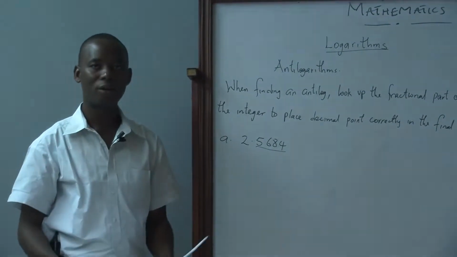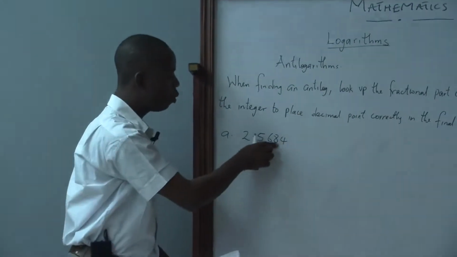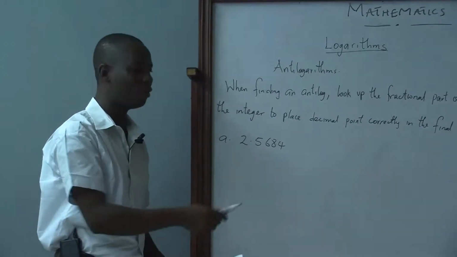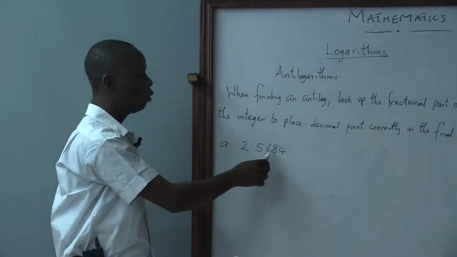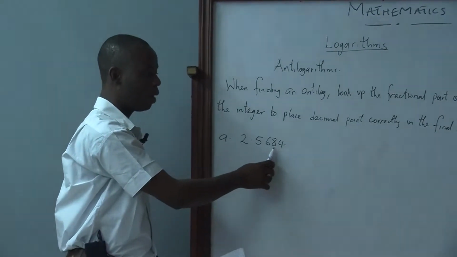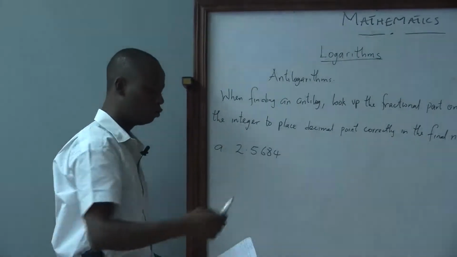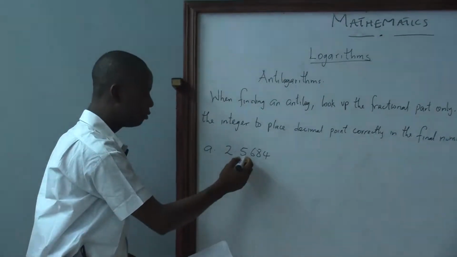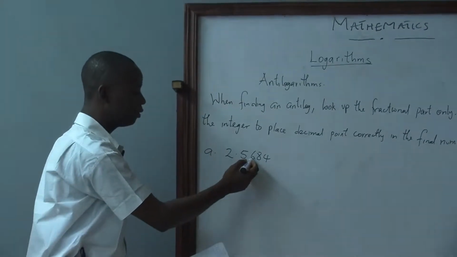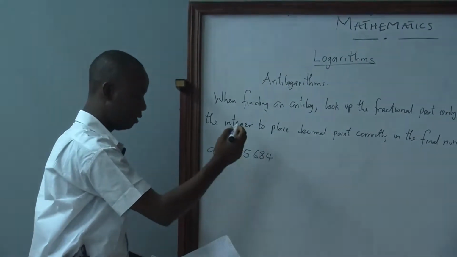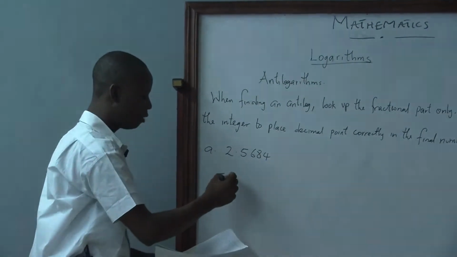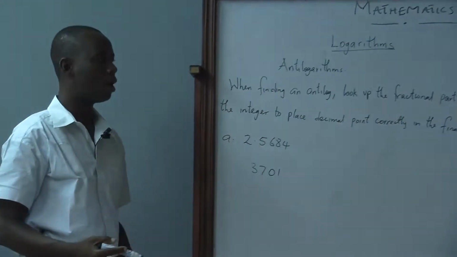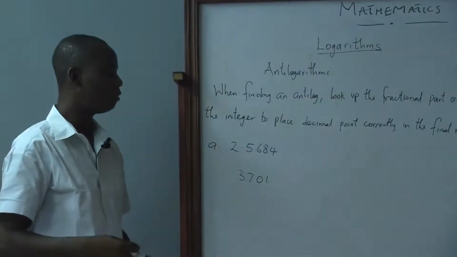So in our antilogarithm table, we'll be looking at the column where we have 0.56, we go to row 8, and we add whatever we have under difference 4. For 0.56, row 8 and difference of 4, we have 3701. That's the value we have.